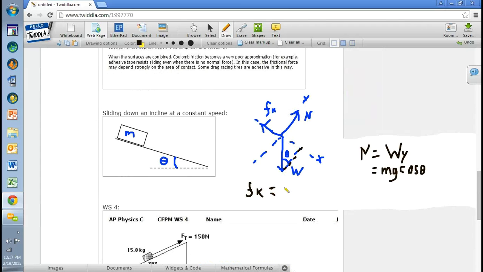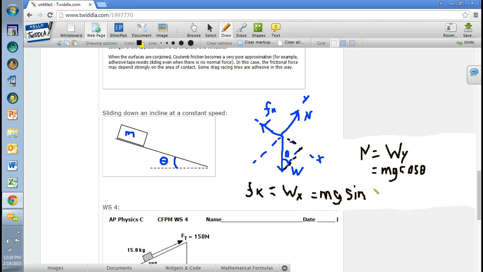Can everybody see it's going to be equal to Wx? I hope so. And what trig function would give me the Wx? That's this side of the triangle, the sine, right? So this is going to be equal to mg sine of the angle.